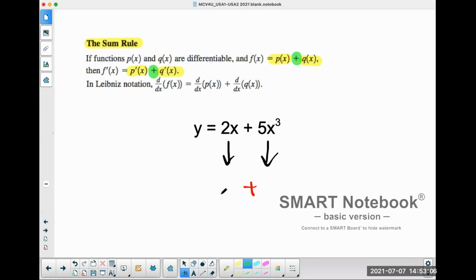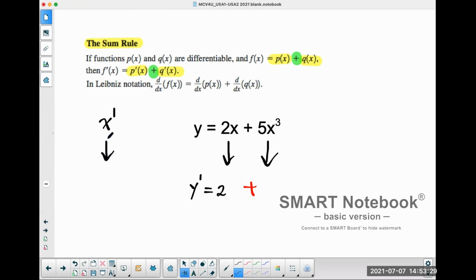So here, the derivative of 2 times x to the power of 1, because that's really what it is, you carry down the coefficient, which is 2. Now, what happens when you have x to the power of 1, and I want to find the derivative? It's going to be 1.